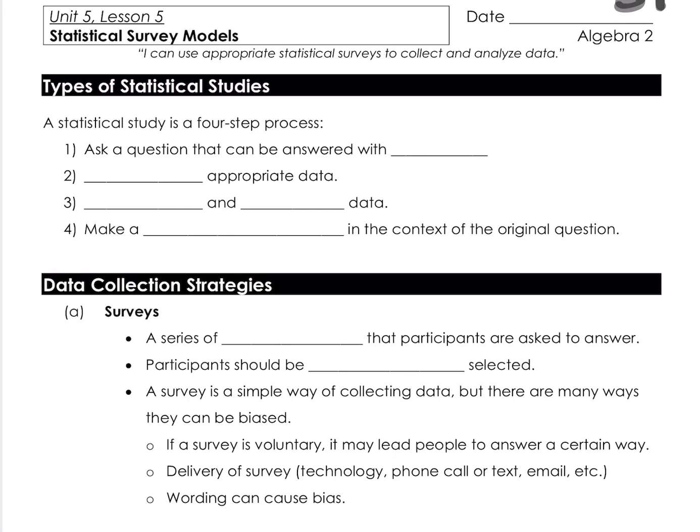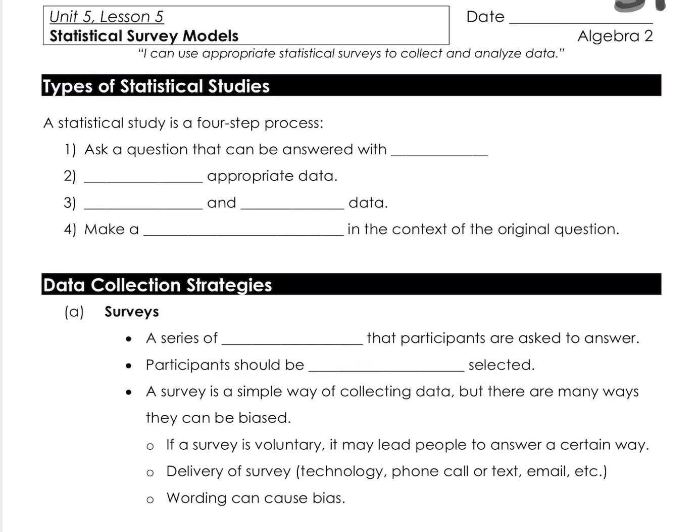We're going to start looking into just the most basic section of our statistics unit. This is Lesson 5, Statistical Survey Models, on page 31 of your packet. Statistics is the study of the collection, analysis, interpretation, presentation, and organization of data.